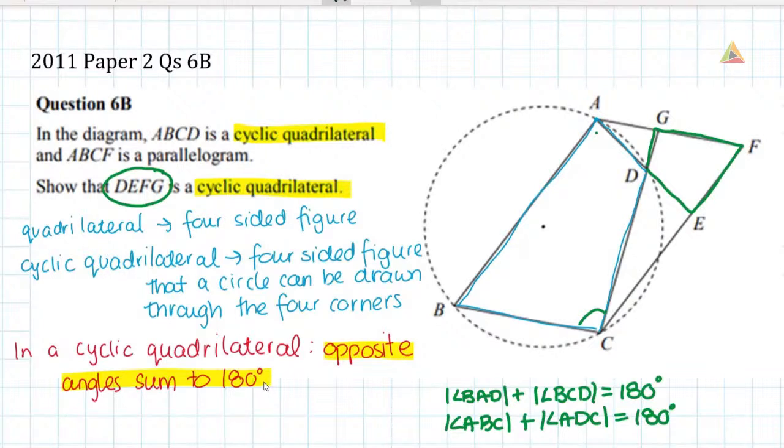So we're going to have to use some information that we know about angles already. What we've mentioned already is that the angle from A to B to C is equal to the angle that's here from G to F to E. And why they're equal is because they're opposite angles in a parallelogram.